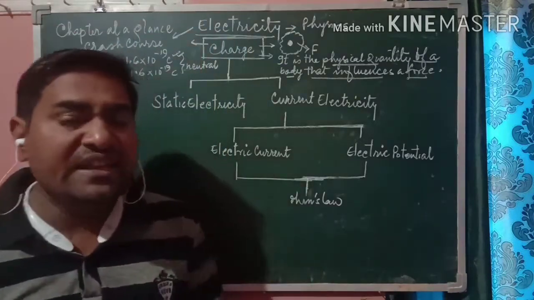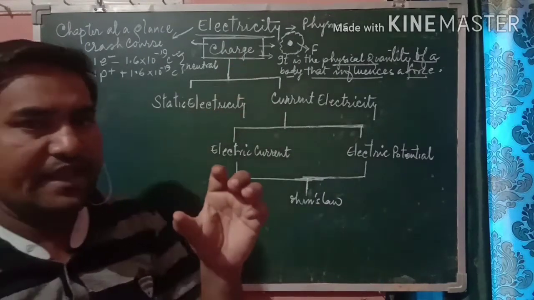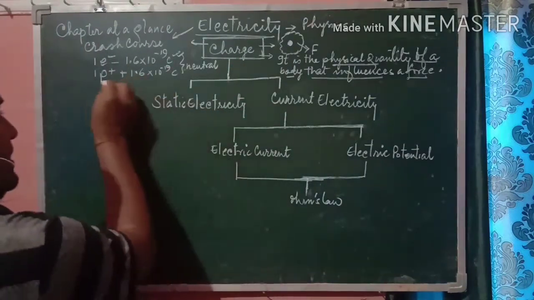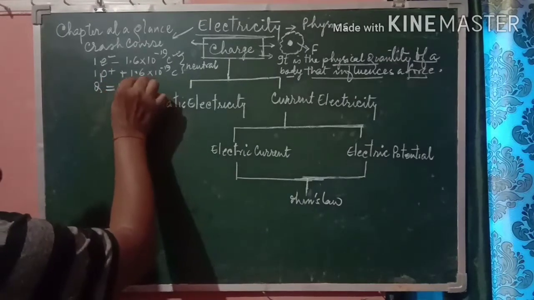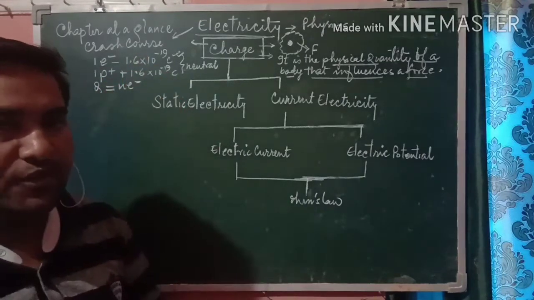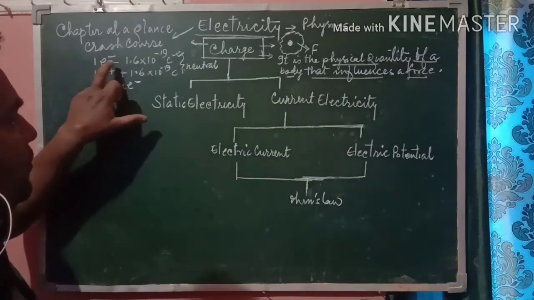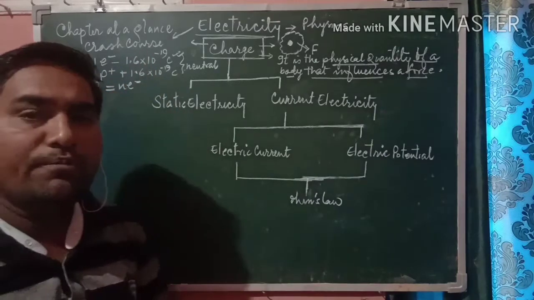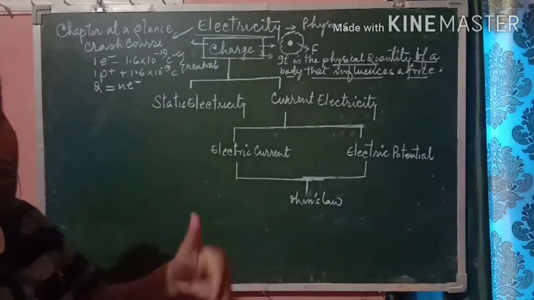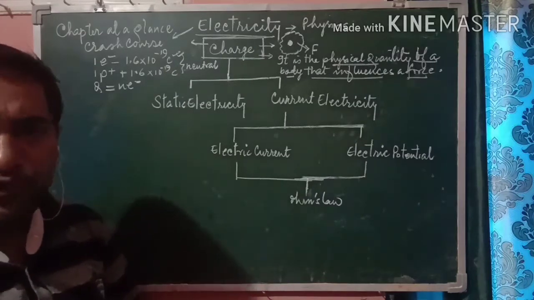And many other properties you have read about the charge: it is denoted with the letter Q, and here Q is Ne, where n is the number of electrons, that can be easily found. Suppose on one electron the amount of charge is 1.6 into 10 to the power minus 19 coulomb, then on 2 electrons, just multiply with 2, you will get the amount of charge.